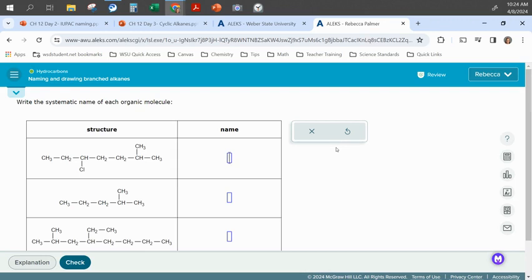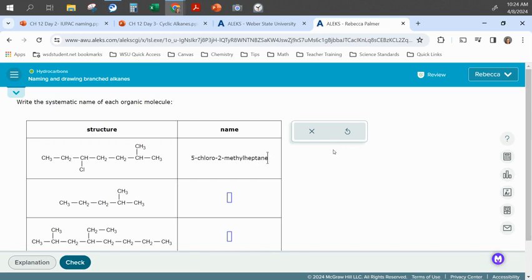So this one will be 5 dash chloro dash 2 dash methyl, and then no space, no dash, heptane.